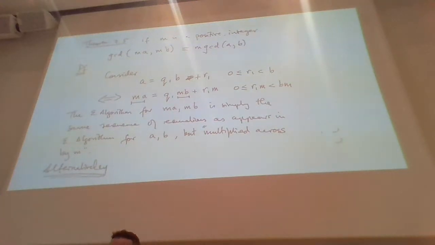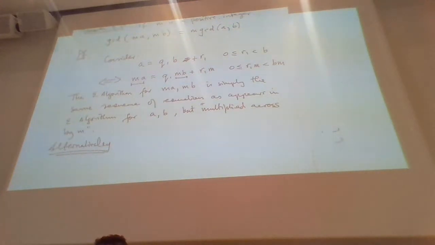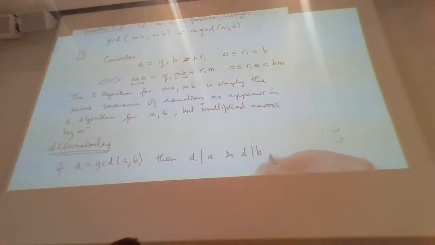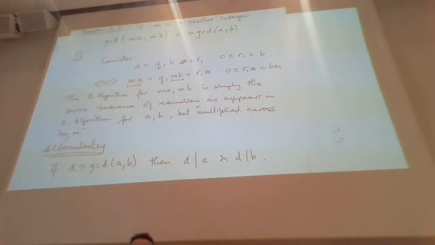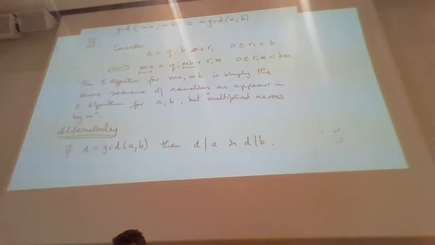You can also prove it without reference to the running of the algorithm, by simply noting that, let's suppose D equals the GCD of A and B. Then part of the definition of the GCD is that it is a common divisor. It's the greatest common divisor, but it's certainly a common divisor.